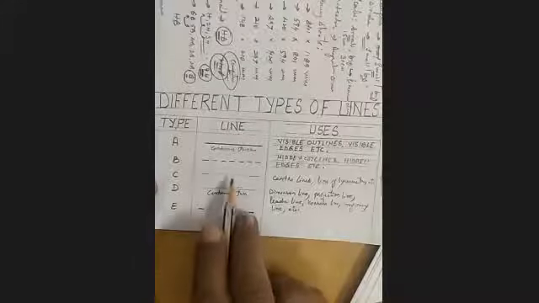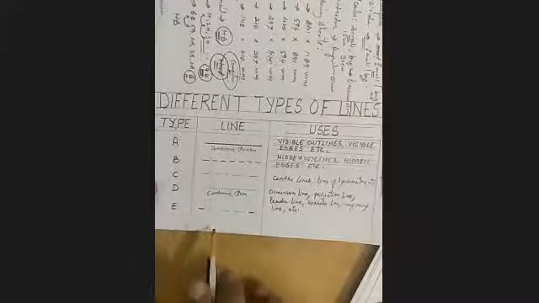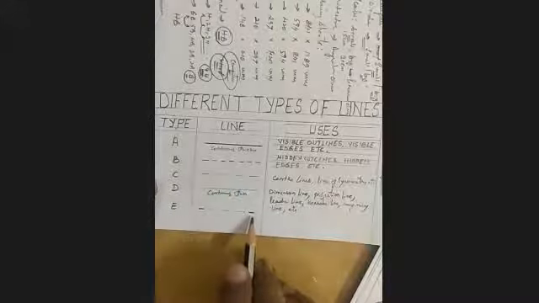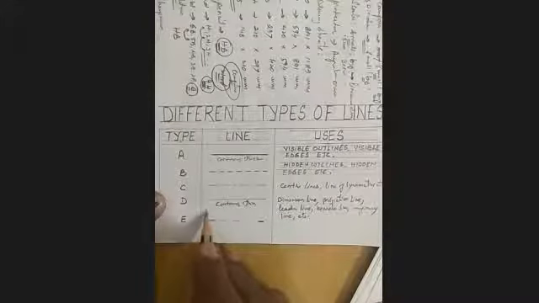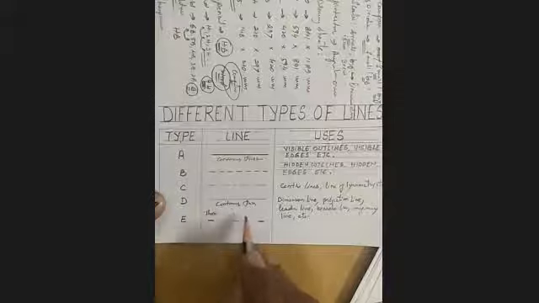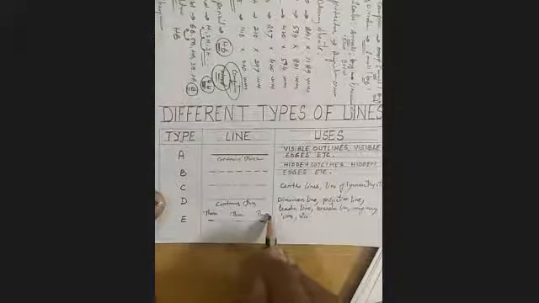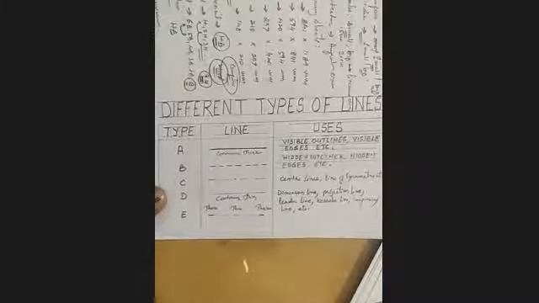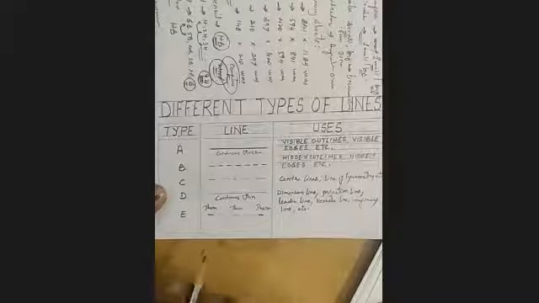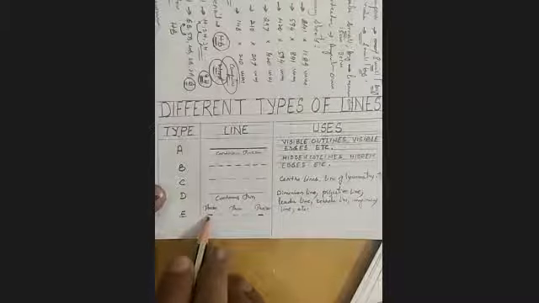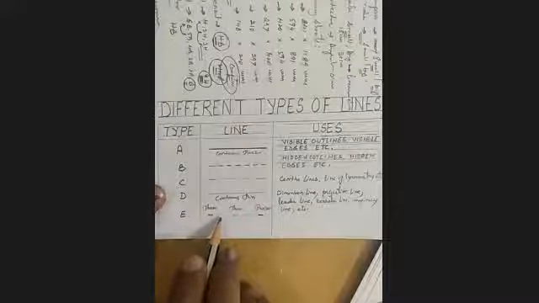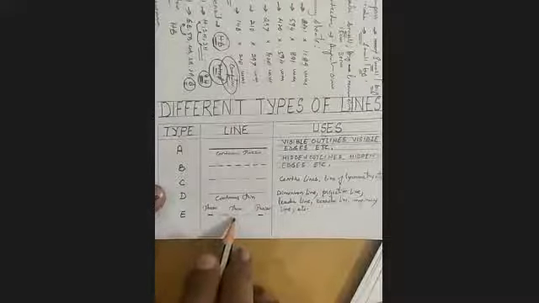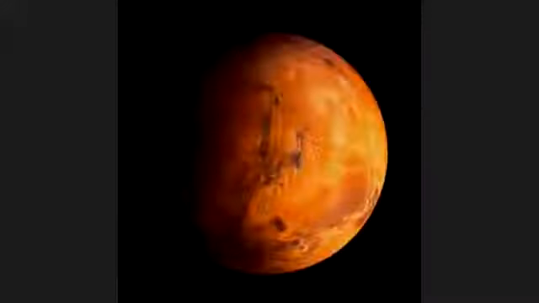It is just like a chain line or center line. Only the borders are dark. This is thick, this is thin, and this is thick. Thick first, then dot, space, dot, line, space, dot, line, space, and the border is again thick.